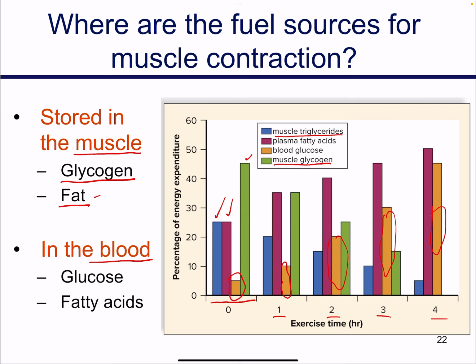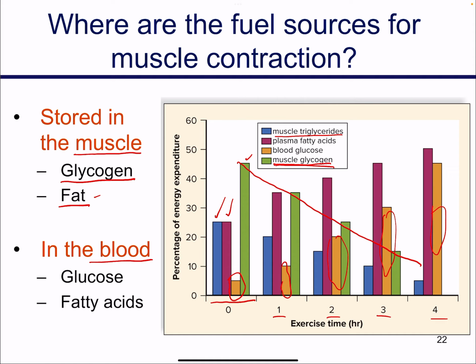Now, let's take a look at the pattern of use of the muscle energy. The muscle energy that is going to be first almost depleted is going to be the muscle glycogen.